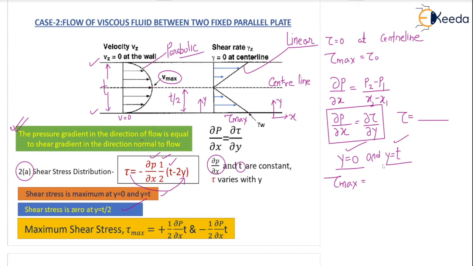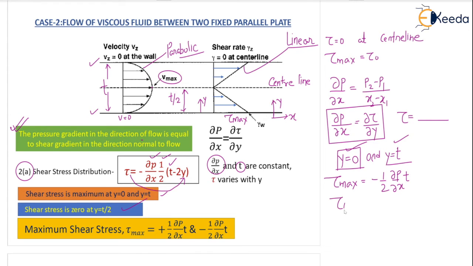In both cases you will get the maximum shear stress. Taking the first case, y equal to 0, you will get minus half dou p by dou x into t, correct?